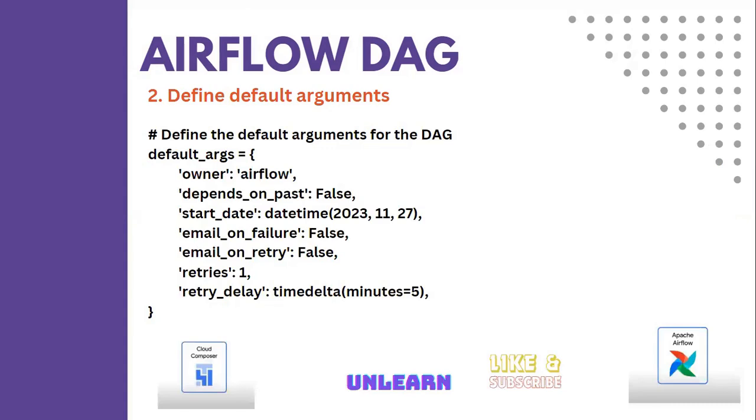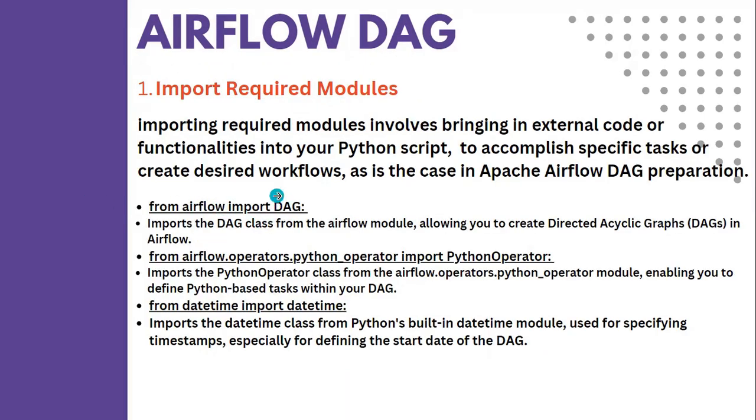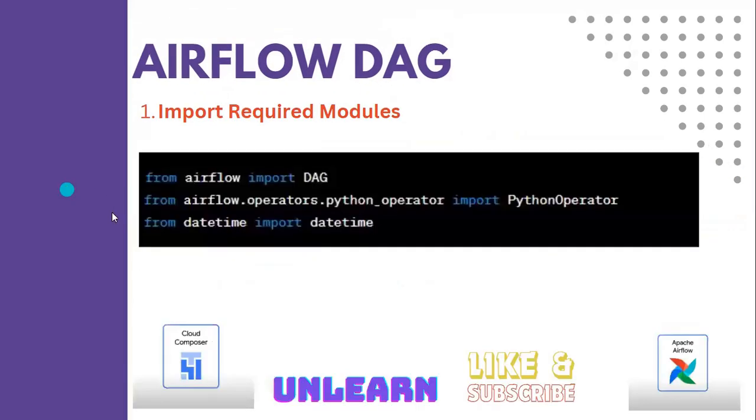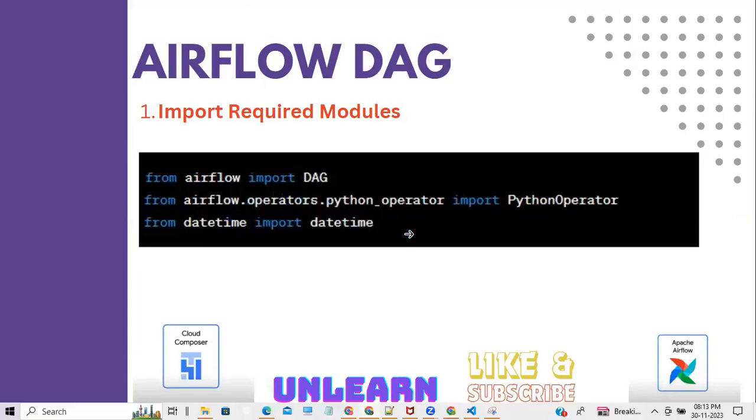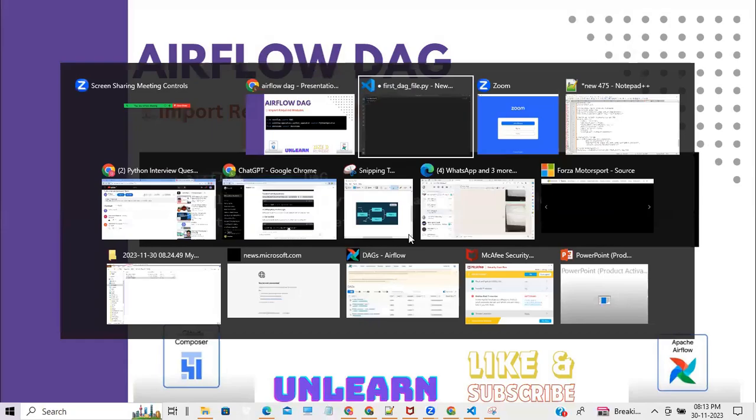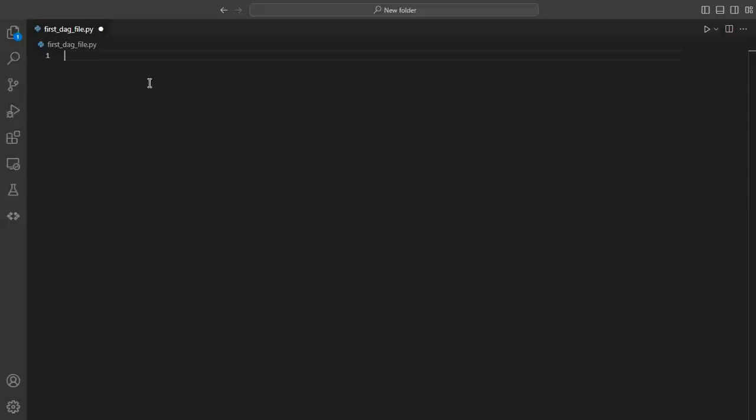Coming to the second section, defining the default arguments. Before looking at that, let us write the code for this, like from airflow import DAG and all these things. For that, I am using the VS Code editor here.